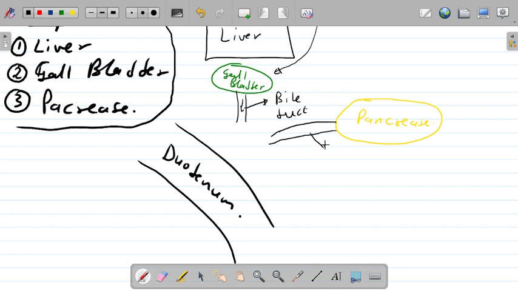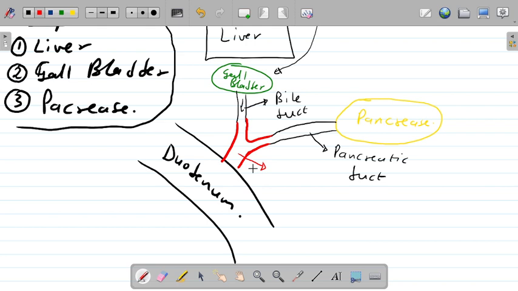That tube is called your pancreatic duct. We have two ducts, the pancreatic duct and the bile duct. At some point they meet and combine to form one tube. That tube will contain your digestive juices. It's like having two roads that converge into one.